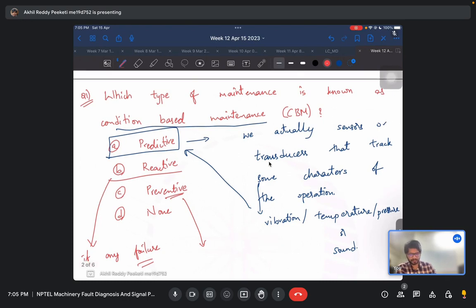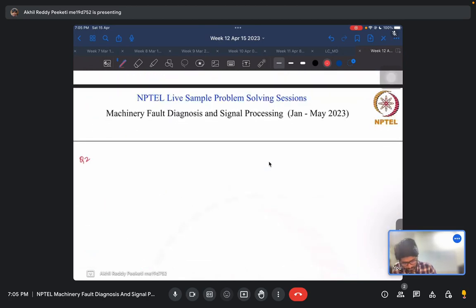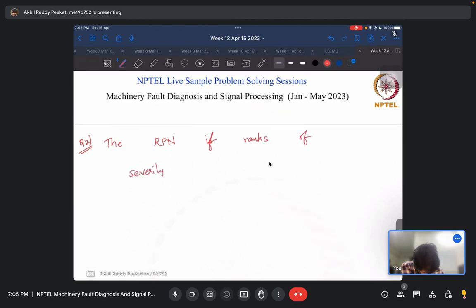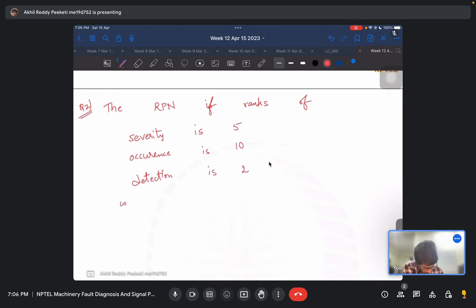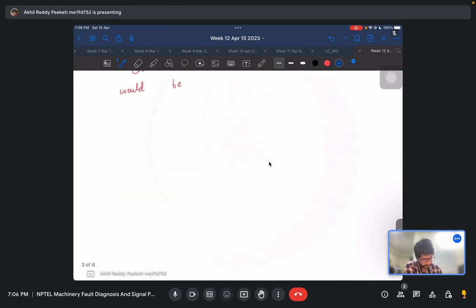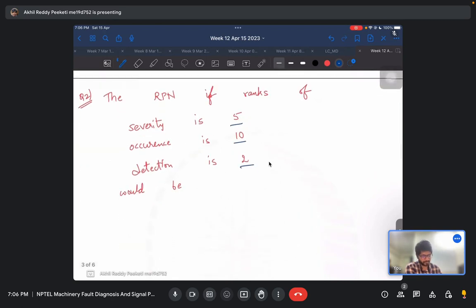Let's look at the second question. What should be the RPN if the rank of severity is 5, occurrence is 10 and detection is 2?